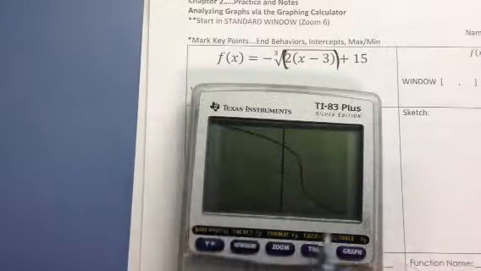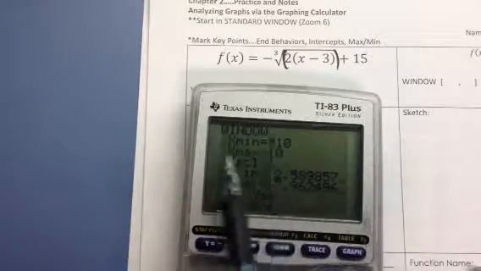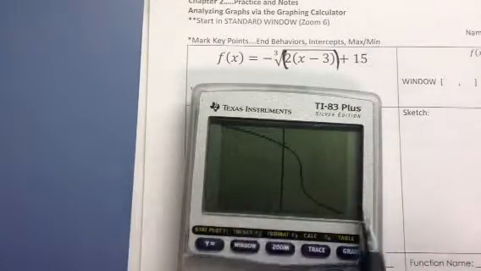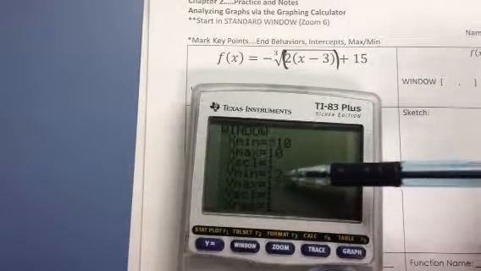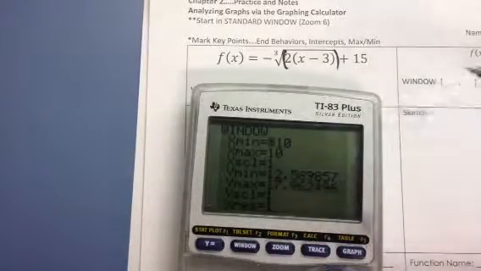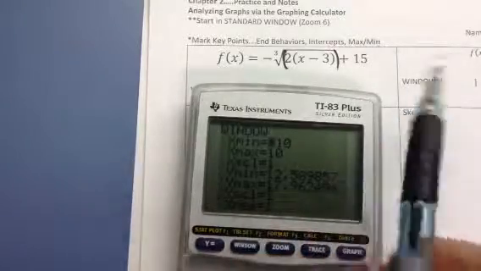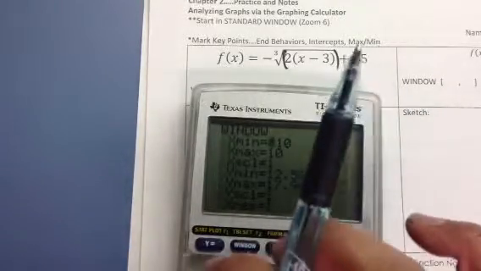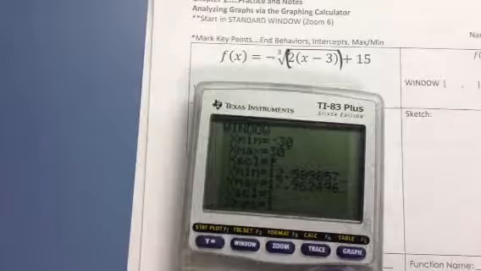This is pretty good, but let's take a look at the window and see what's happening. So x is going from -10 to 10, and the y's are going from this very small range of numbers, 12 to 17, 18. So what I want to first do is adjust so I can see further left and right. Maybe let's go from -30 to 30, and we can have it go up by 5.